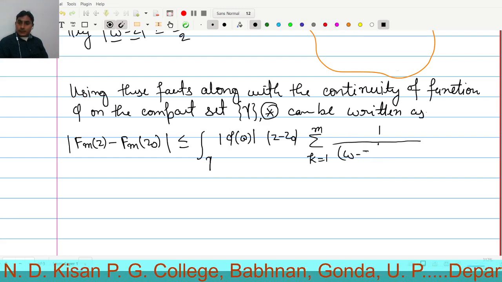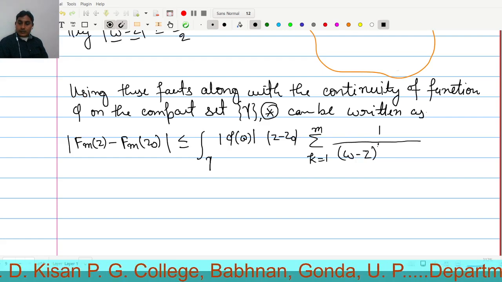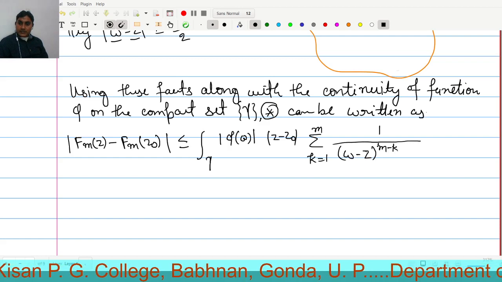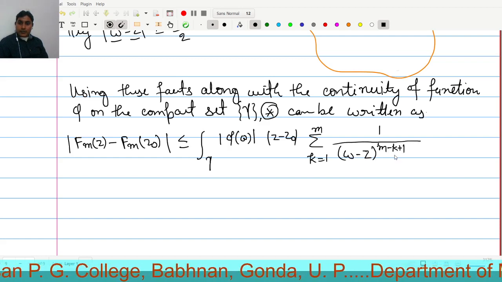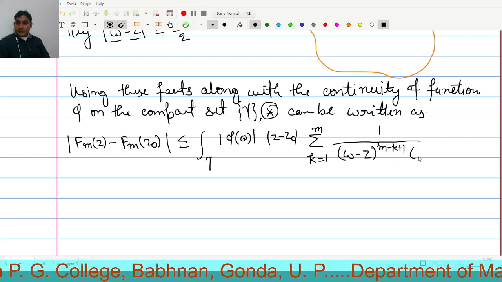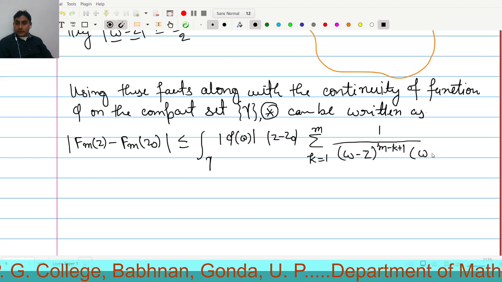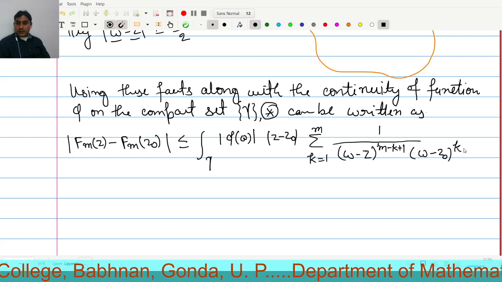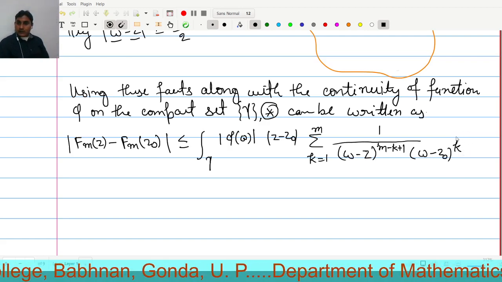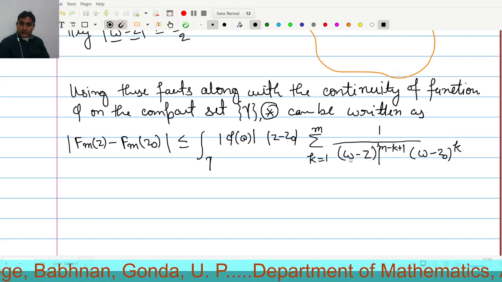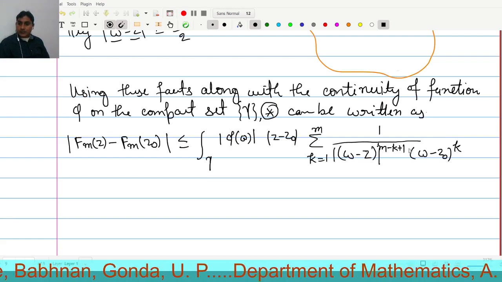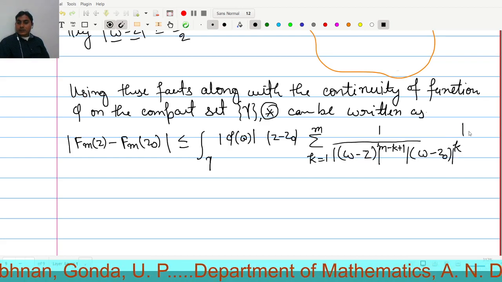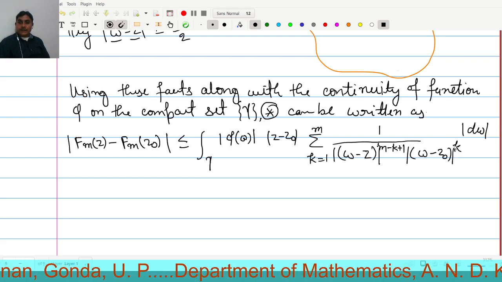So |w₀ − z|^(m−k+1) into |w − z₀|^k, this modulus, here is a modulus also, so this mod, and then mod of dw.